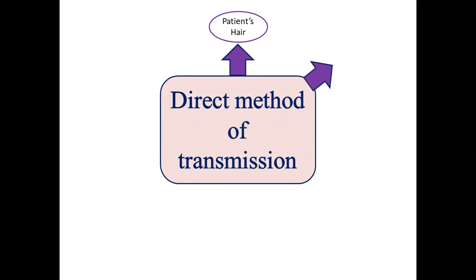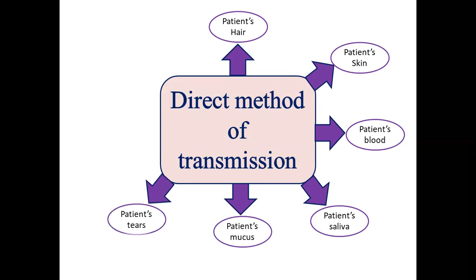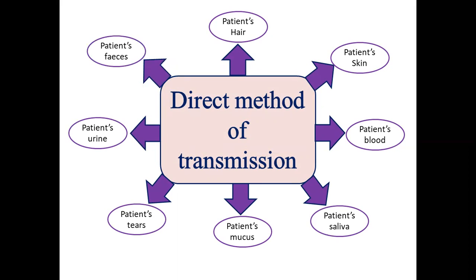Patient's hair, skin, blood, saliva, mucus, tears, urine, and feces are agents, we can say, or not biological agents, but the things which are responsible for transmitting the diseases. Okay, right? This is the direct method of transmission.